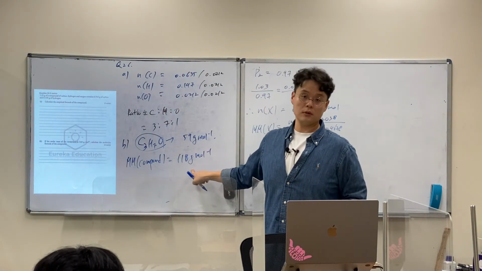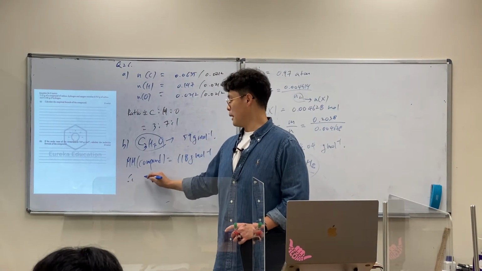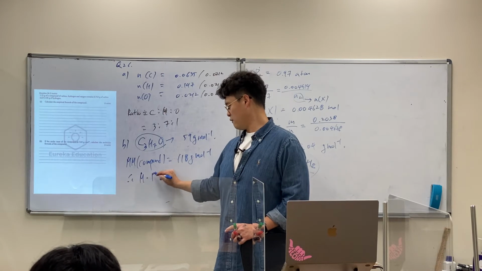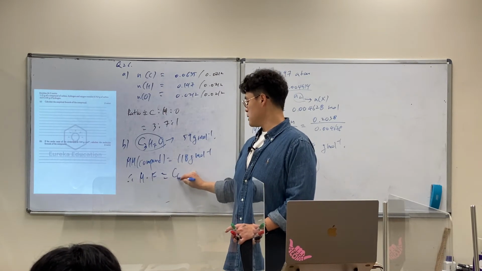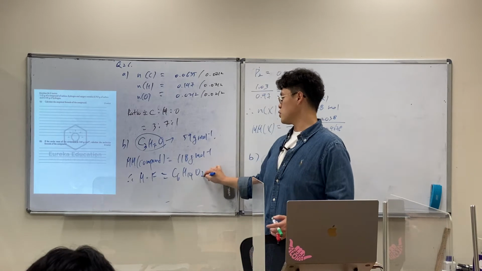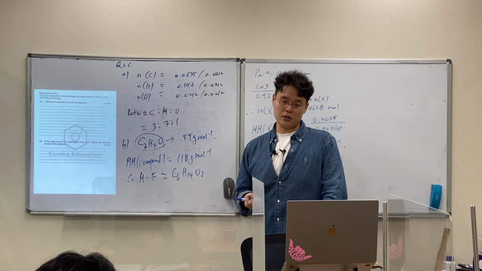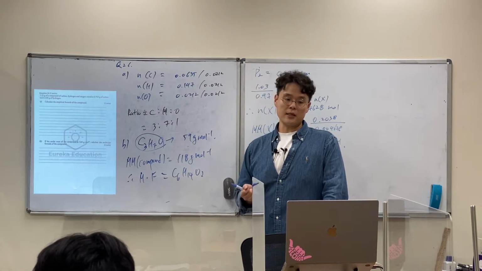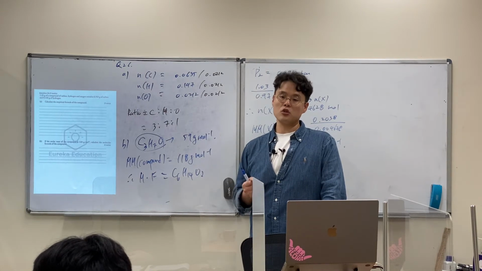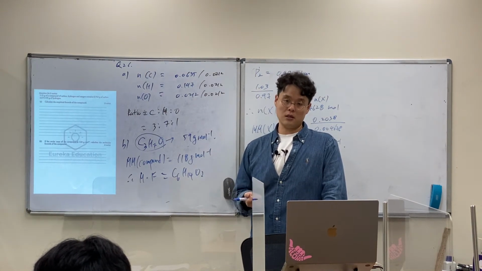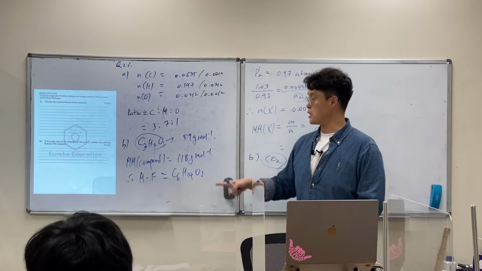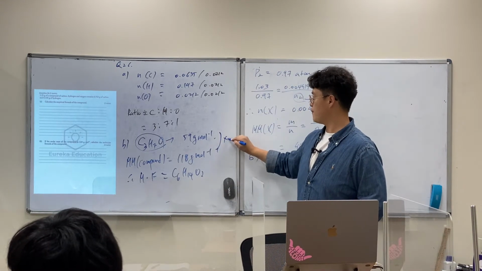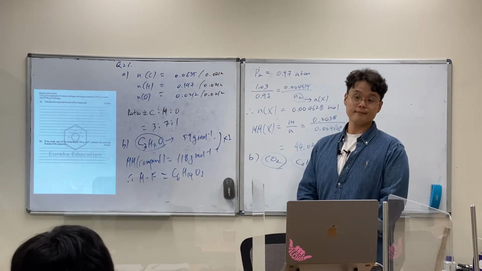That's double. Therefore, the molecular formula would be C6H14O2. Make sure you show some working out. Don't just simply write down the answer, because a 2 marker means you need to write down some working out. Showing that, hey, this is twice. As you can see, this is twice. Times 2. Okay?